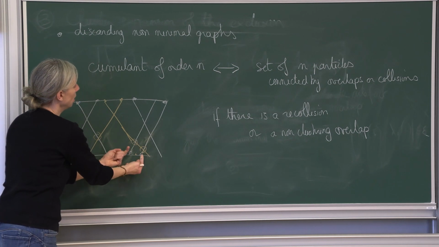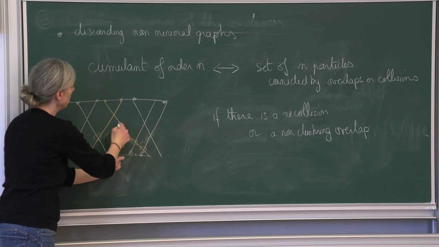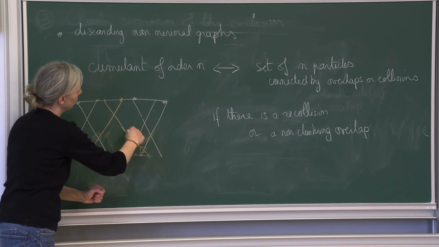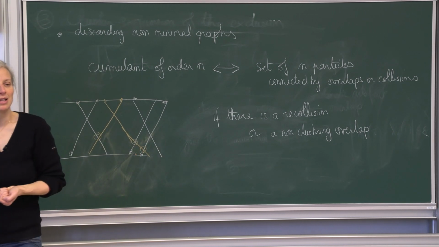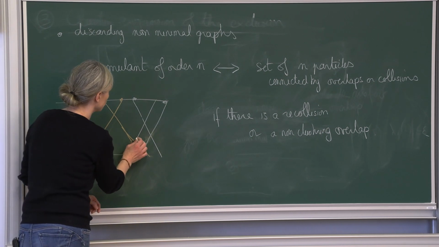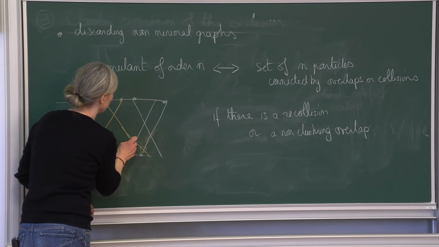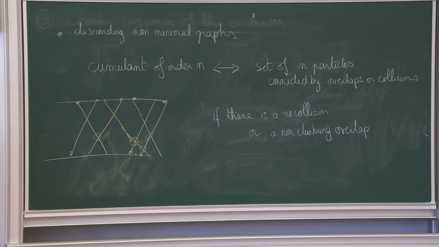Then you can prove that, once this Y structure is completely fixed, having this orange line which crosses both this one and this one is an additional constraint, and this costs something. From the geometrical point of view, it's not completely obvious to control this kind of recollisions or non-clustering overlap. Here the non-clustering overlap is this, and the recollision is this.